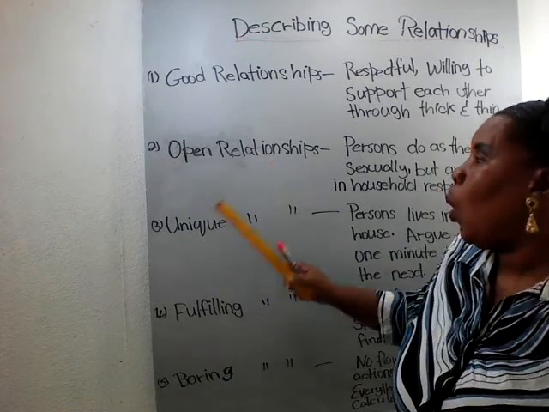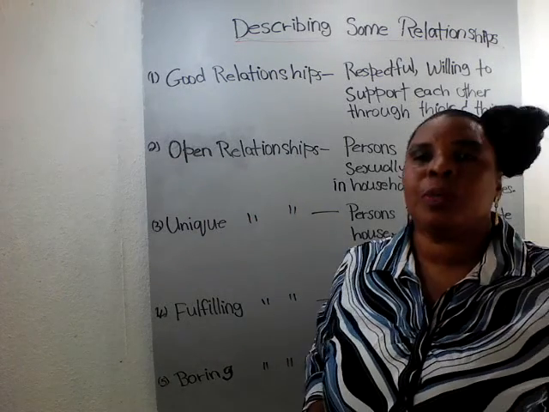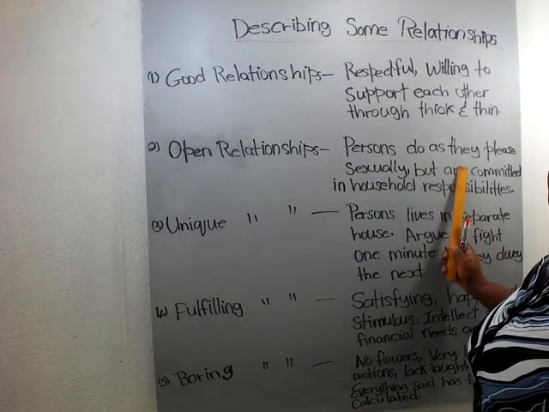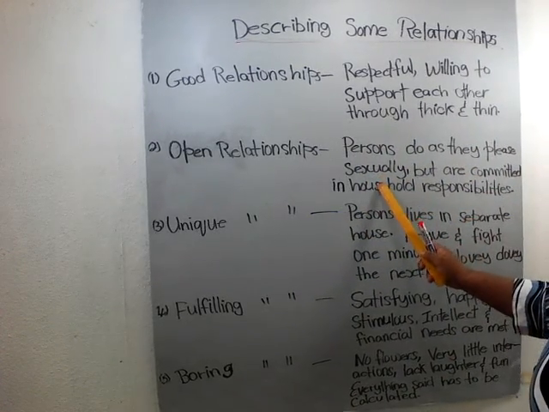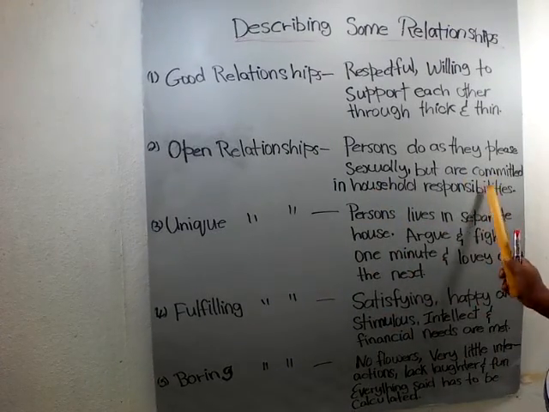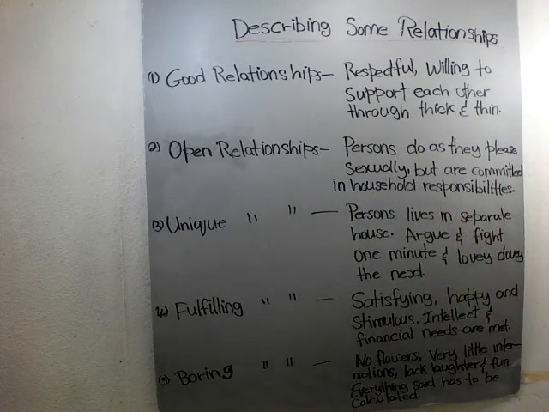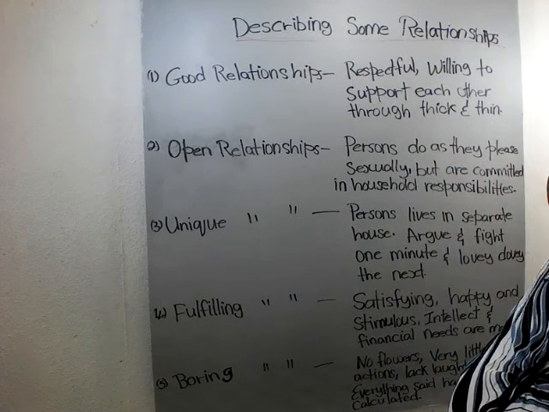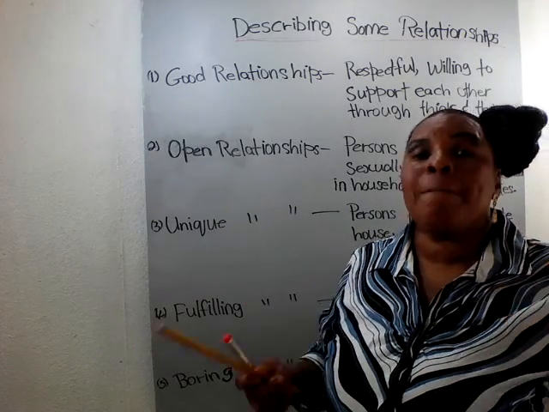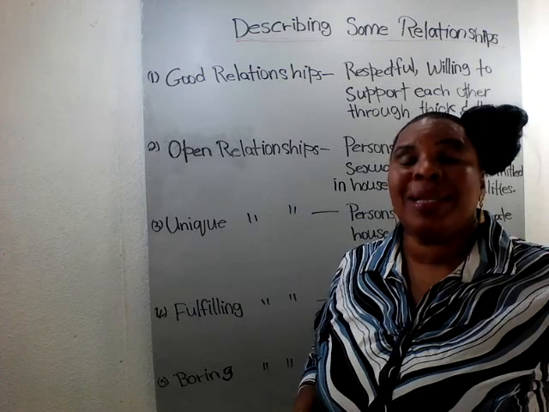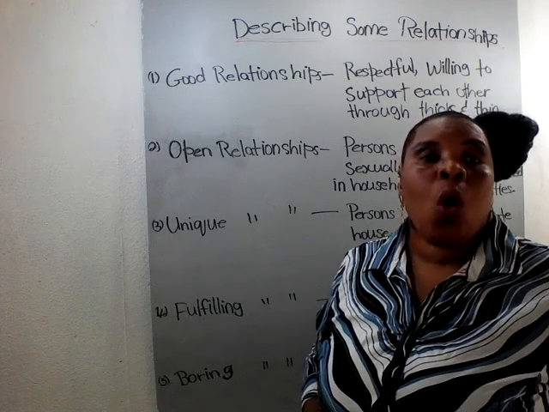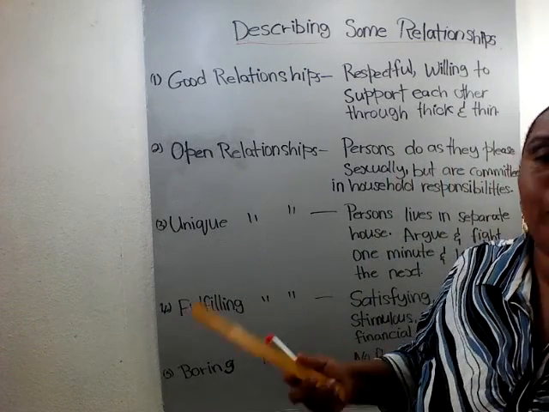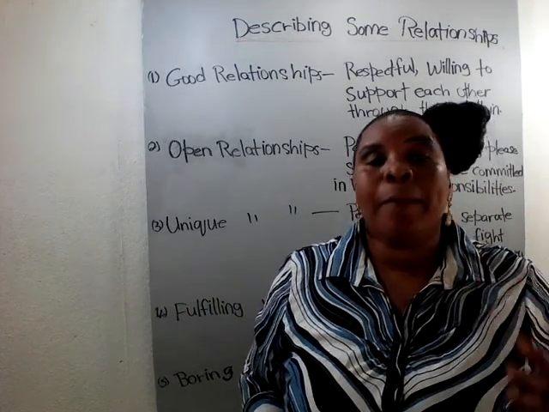Number 2, open relationships. What is an open relationship? Persons do as they please sexually, but are committed in household responsibilities or obligations. They are committed in responsibilities to do with the home or any other form of, say, life insurance, or to pay the bills, or to go someplace.